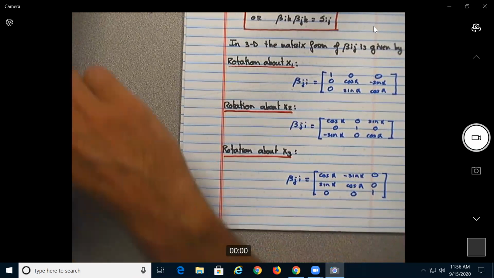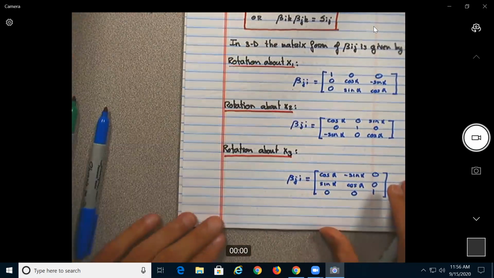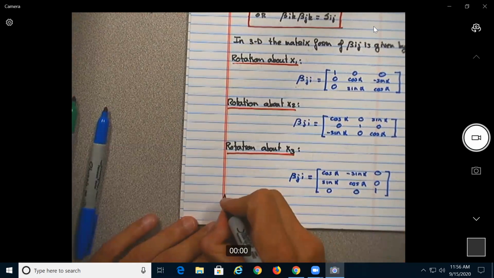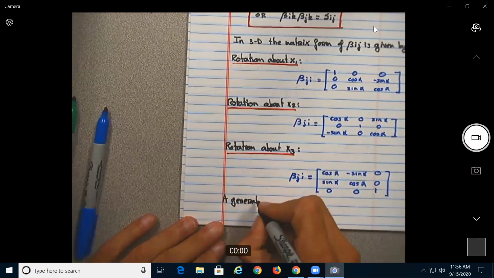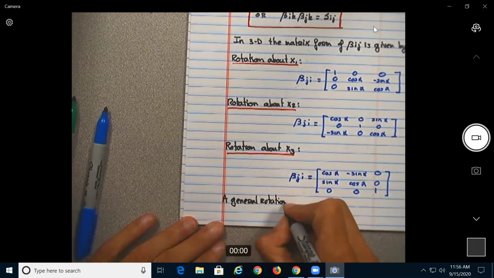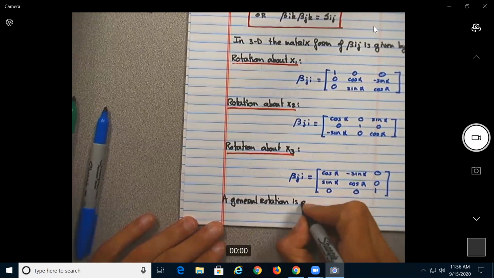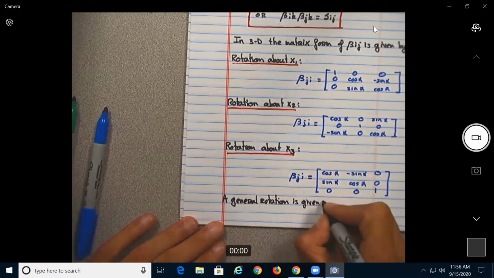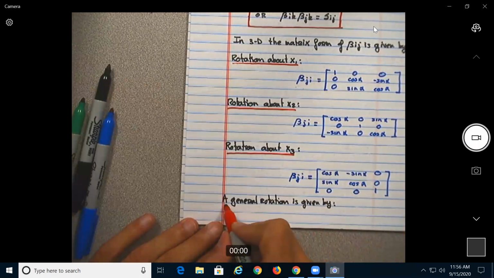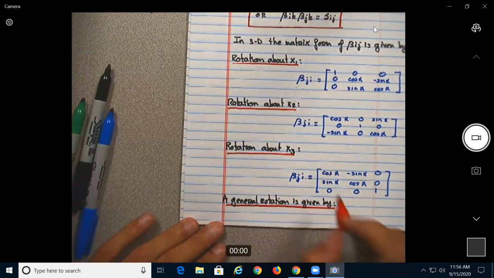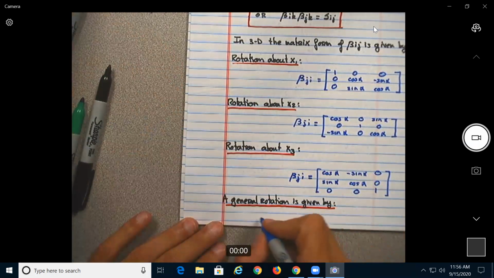Okay, I want to put the next line here because I think it's important. So a general rotation is given by, so let's say you have a beta ji that you want to do.